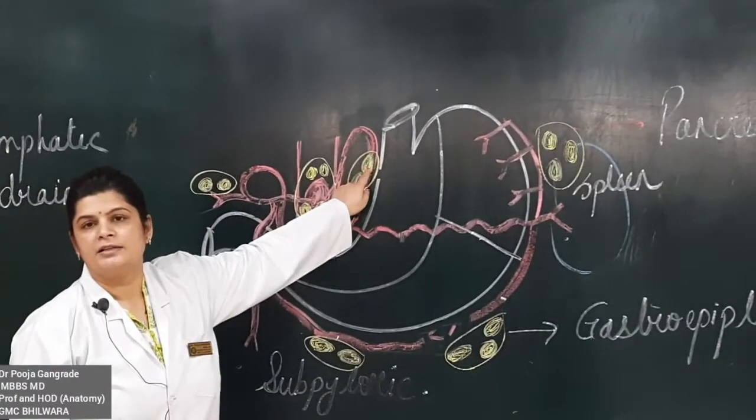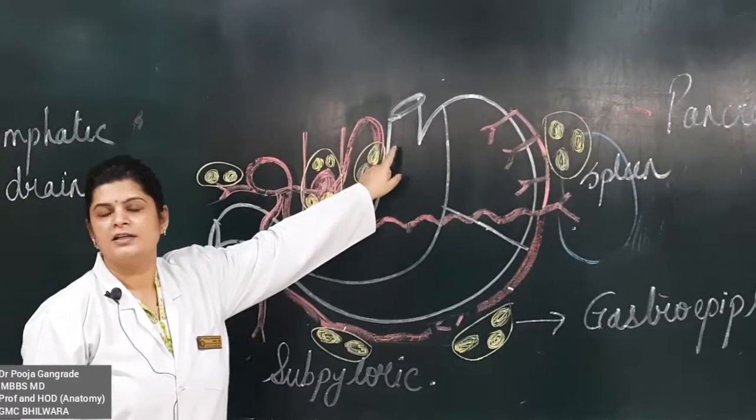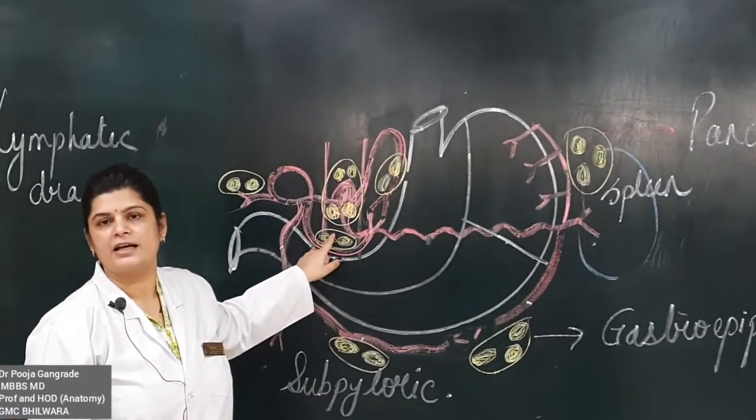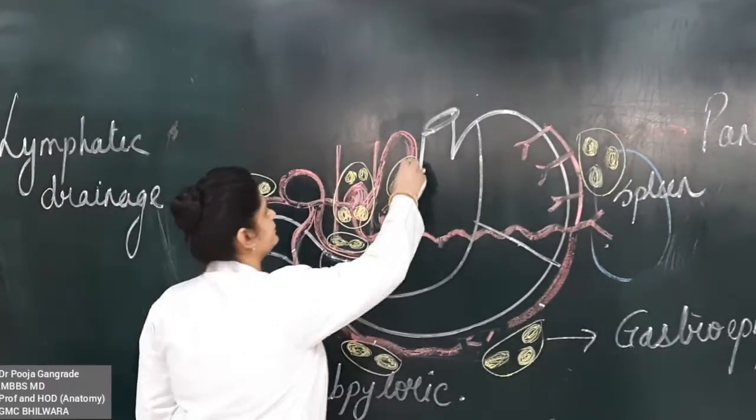Similarly, the left gastric and the right gastric group of lymph nodes. Related to the left gastric artery, related to the right gastric artery. Therefore, left and right gastric lymph nodes.